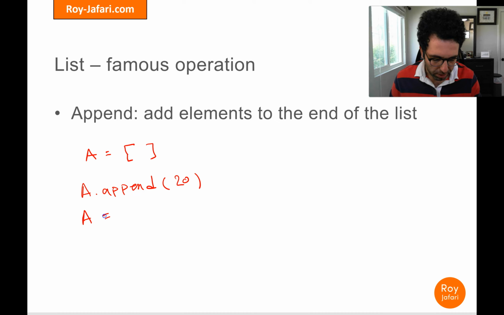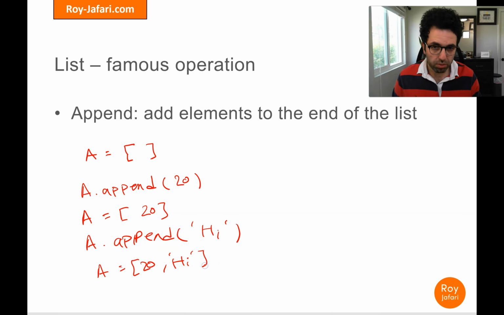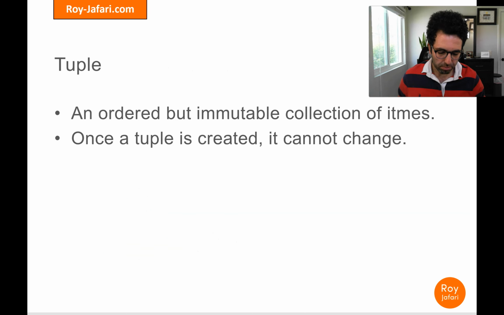A is going to become this. I can then say a.append("hi"), then A is going to contain 20 and hi. So you can use this very useful function to add stuff to this collection. And that's the famous operation of a list.